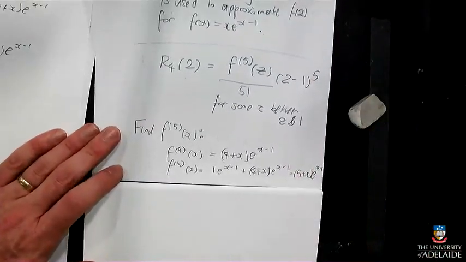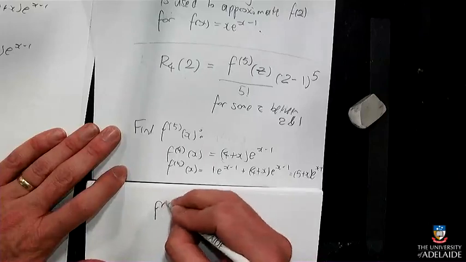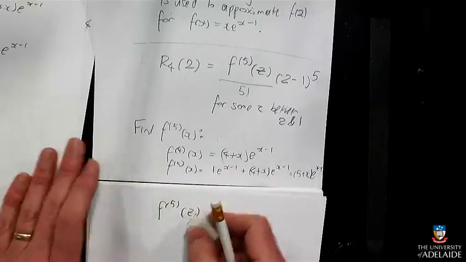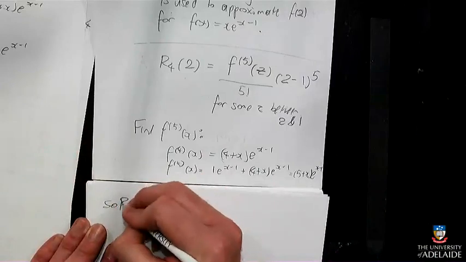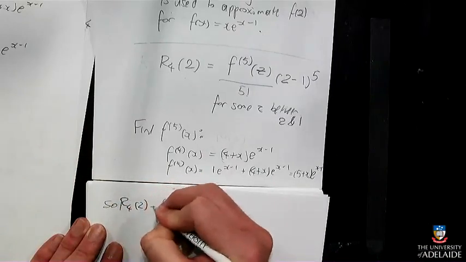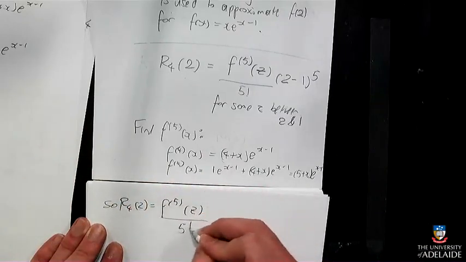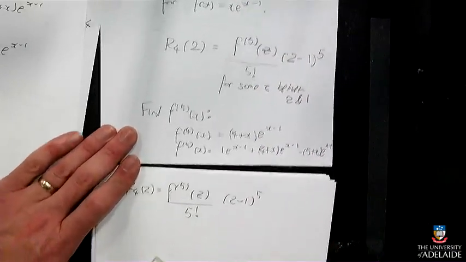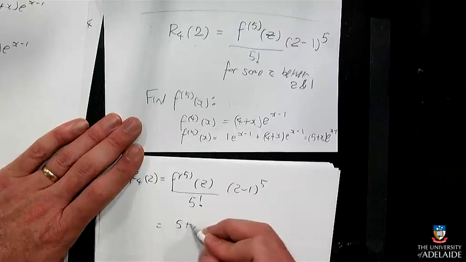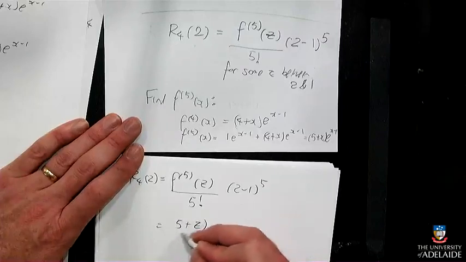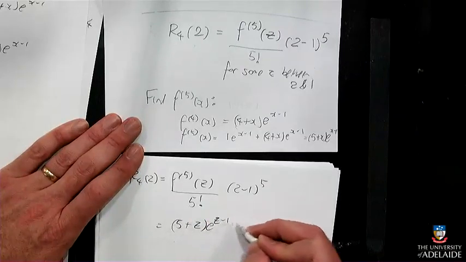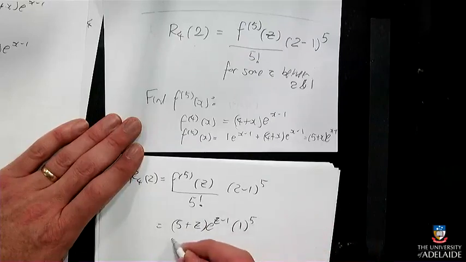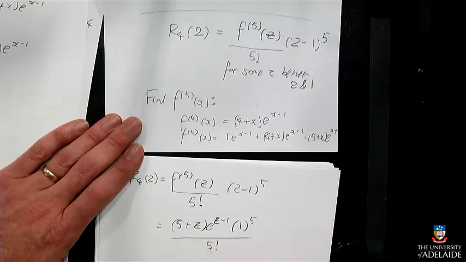And so f5 of z, even better. So the remainder is f5 of z over 5 factorial, times (2 minus 1) to the 5, which is (5 plus z) e to the z minus 1, times 1 to the 5, over 5 factorial.